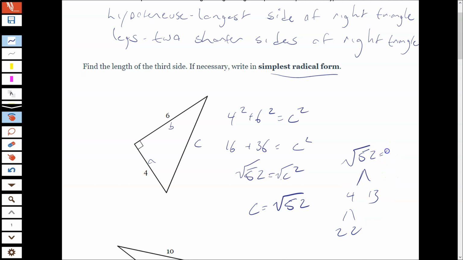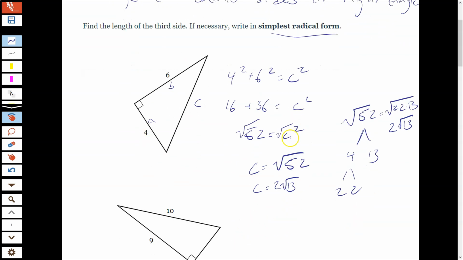So the square root of 52 is the same as the square root of 2 times 2 times 13. And then my pair, 2 times 2 is 4, which is a perfect square. So I'm going to pull that out. The square root of 4 is 2. So 2 square root 13. So c here would be 2 square root 13. Okay, so that's what simplest radical form means.